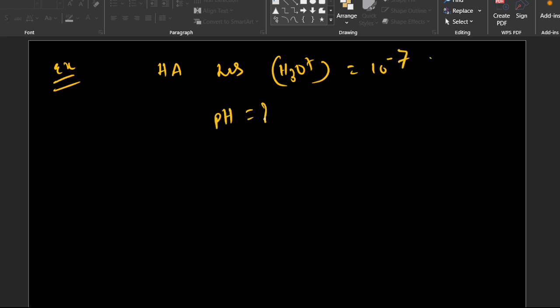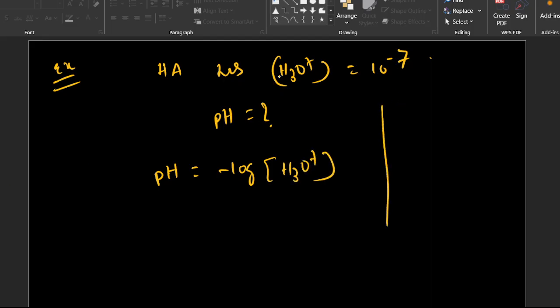Then pH will be minus log of the H3O plus concentration. But here the pH of the solution is asked, and this is happening in a water solution.